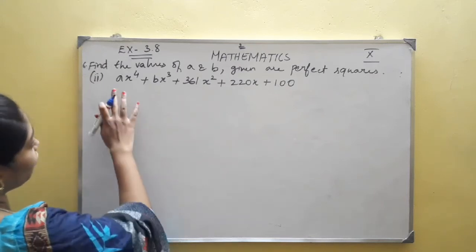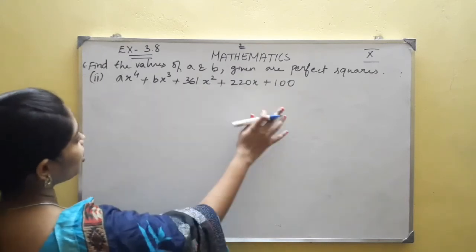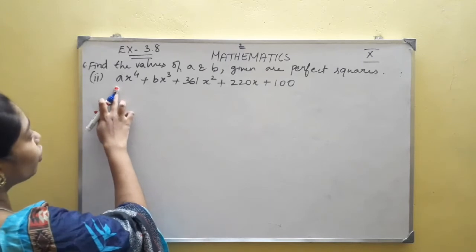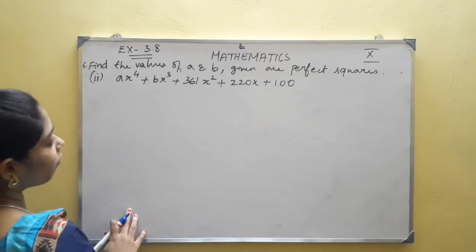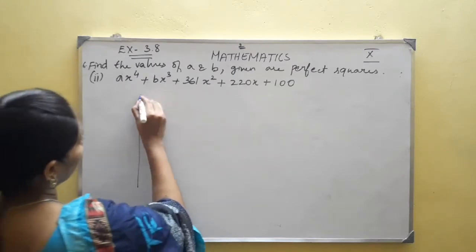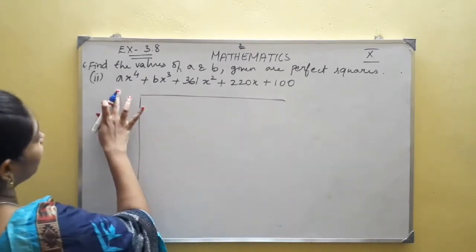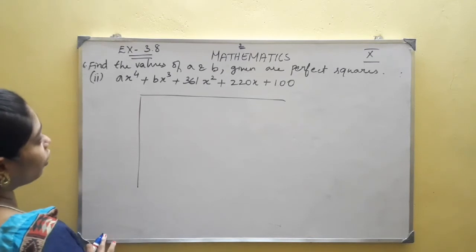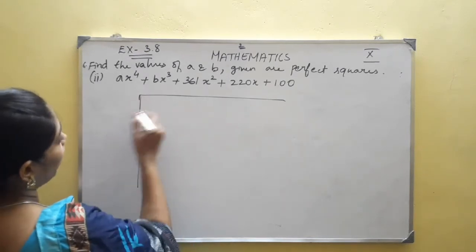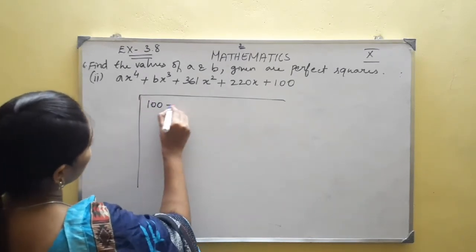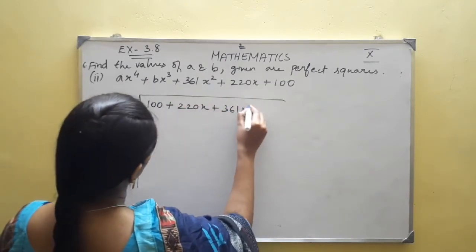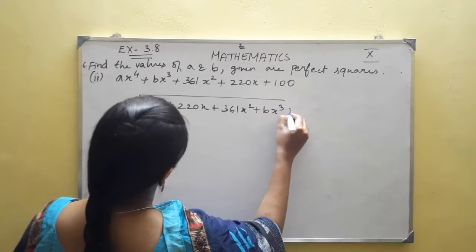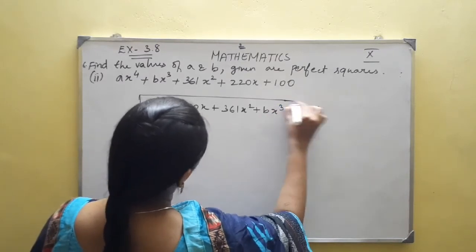Why? Because if I start the problem in the given way, it is difficult to write a term which, multiplied by itself, gives me ax power 4. That is asked in the question, to find the value of a and b. So I'm going to write this as 100, 220x, plus 361x square, plus bx cube, plus ax power 4.